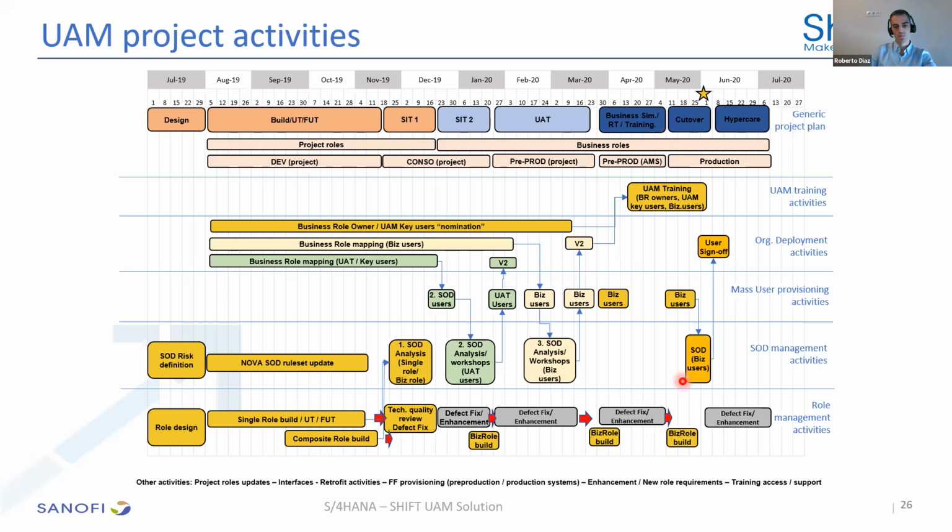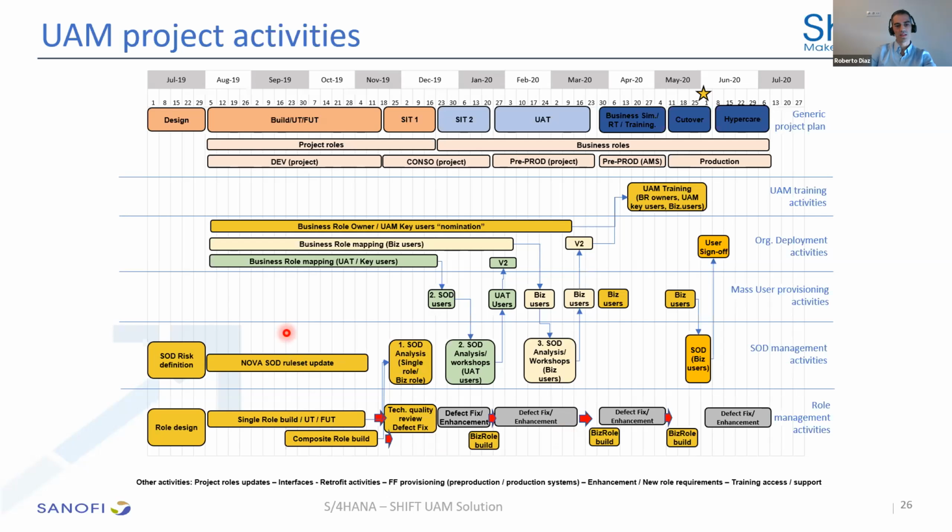In the bottom swimlane, we have the role build activities. So we have first the design, then we build, and then we do role fixing as per the different project phases. Then this second swimlane is also very important. This is segregation of duties management activities.